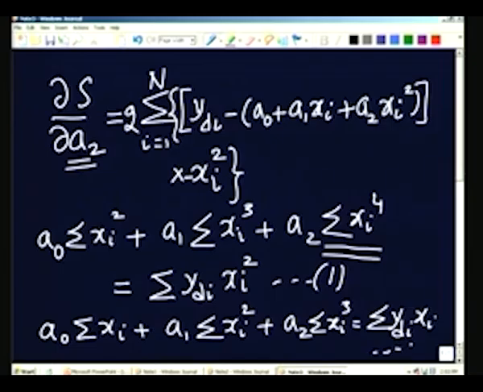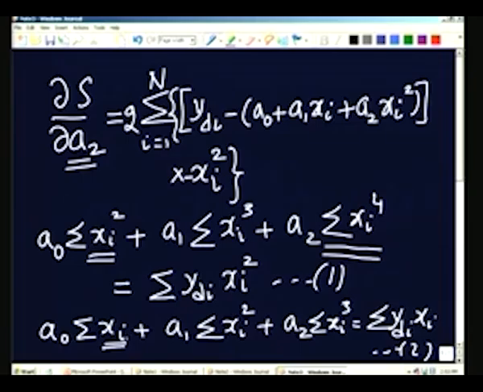I can call this as equation number 2. You will notice that A2 is multiplied by, instead of x i to the power of 4, it is x i cube. So, 1 power less than this. This is also 1 power less, and this is also 1 power less. So, this is x i squared. It becomes x i in the case of the second equation.